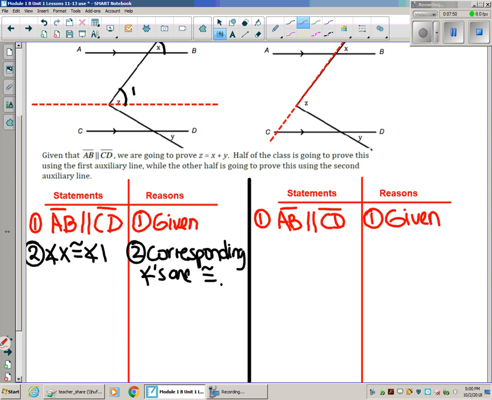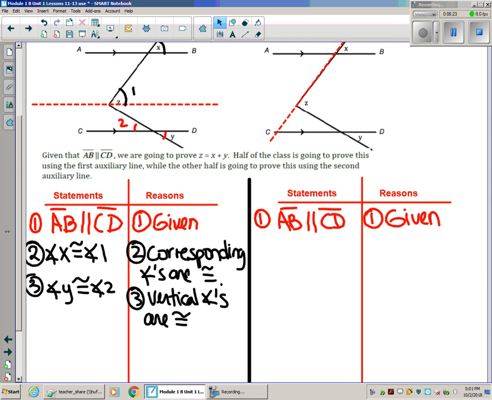Okay, so let's repeat that again for angle y and angle 2. Notice that angle y and angle 2 right here are not actually corresponding, they are vertical. So angle y and angle 2 are congruent due to the fact that they are vertical angles. Vertical angles are congruent.